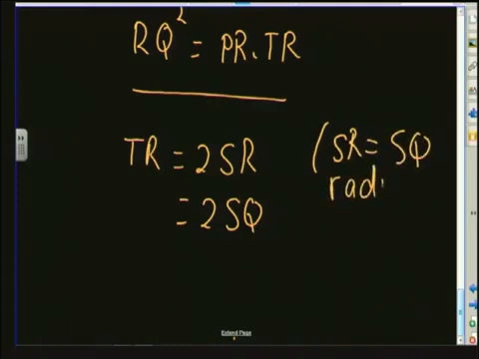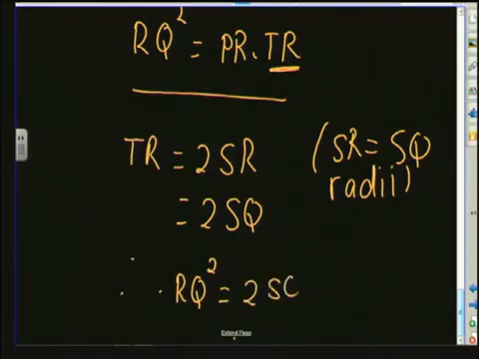All right. So therefore, that means I can replace TR with 2 times SQ. So therefore, RQ squared we can rewrite as 2SQ times PR, which is exactly what they asked you to show.